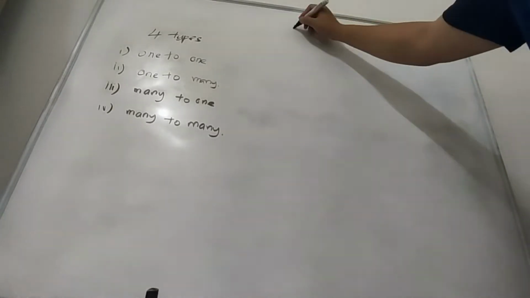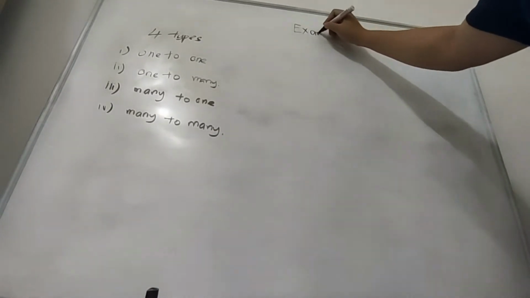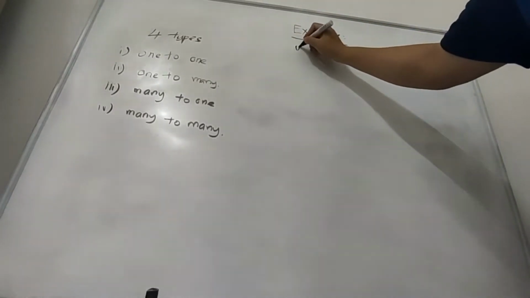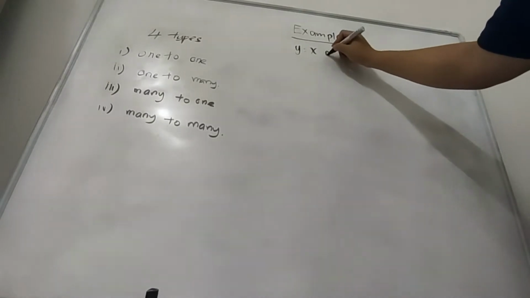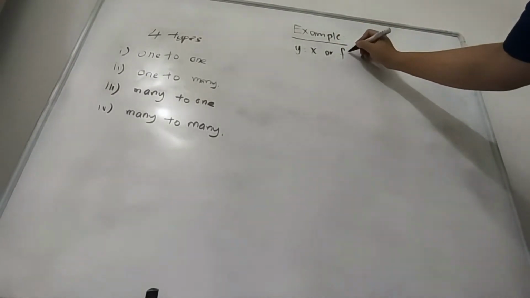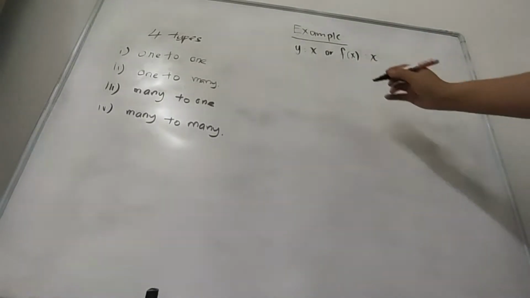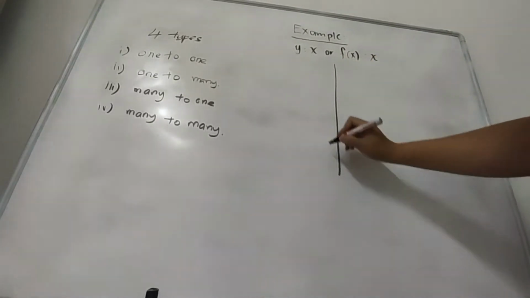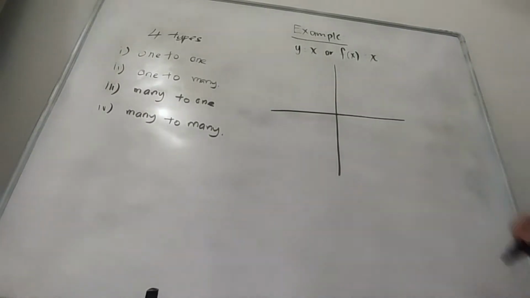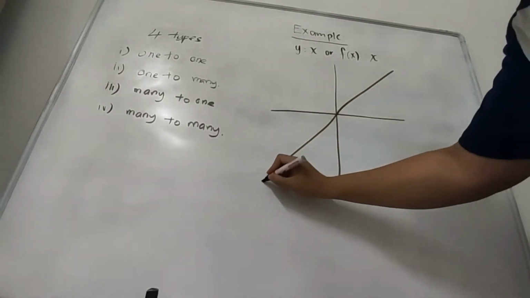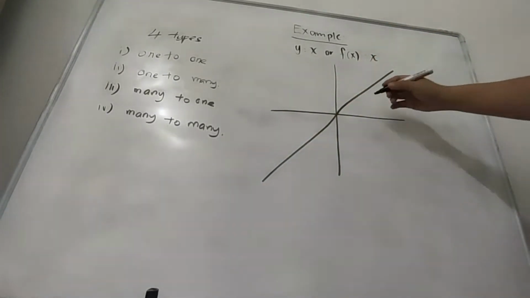So the example of the one-to-one relation of a function is, for example, y equals x, or you can write in this form, f(x) equals x. The diagram is like this. You have a y-axis, you have an x-axis. It's a straight line, because I don't have a ruler.